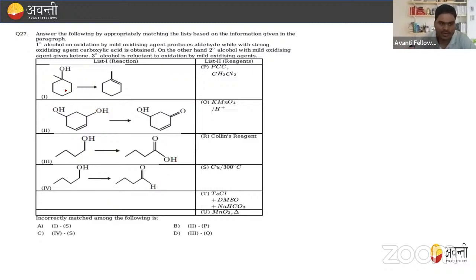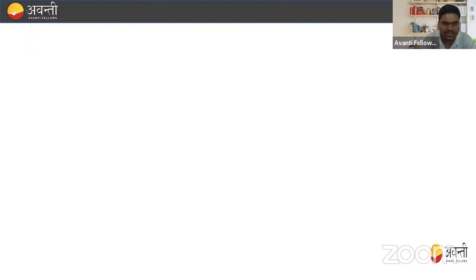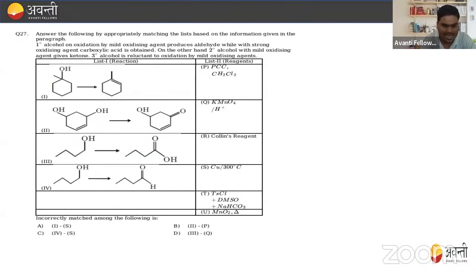So this is the primary alcohol. And it will convert into alkene when we treat it with PCC and CH2Cl2, right? What is happening here is that alkene will be obtained only if copper at 300 degrees Celsius is the reagent, so this one is the correct one.